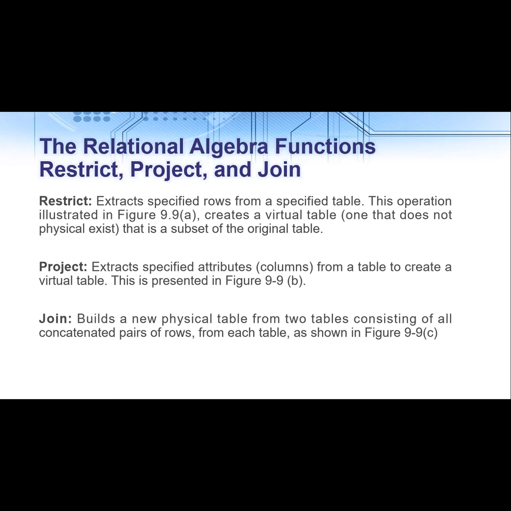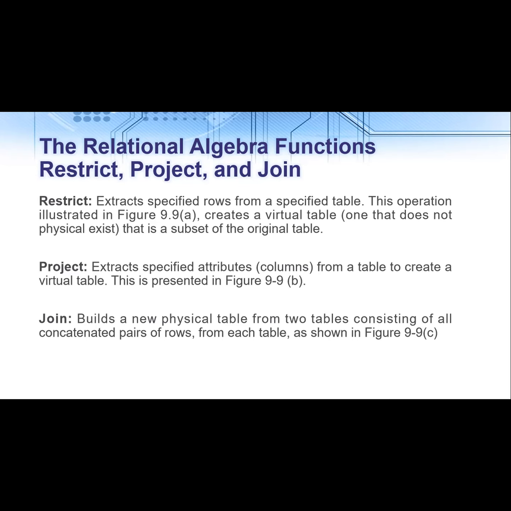It creates a virtual table or one that does not physically exist, or that is a subset of the original table. Project extracts specified attributes or columns from a table to create a virtual table. This is presented in figure 9-9b.